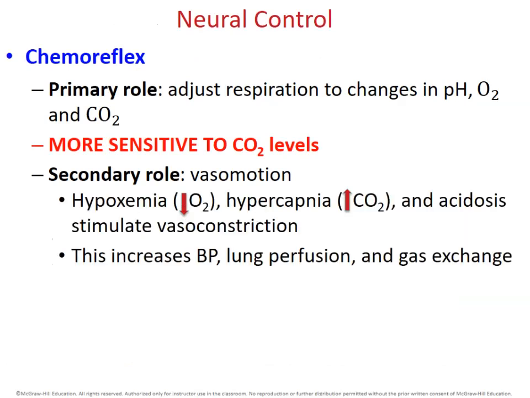So these chemoreflexes, very sensitive to CO2 levels, like we said. Hypoxemia is low O2. Hypercapnia, high CO2. That's basically saying the same end result, which will result in acidosis, stimulating vasoconstriction.